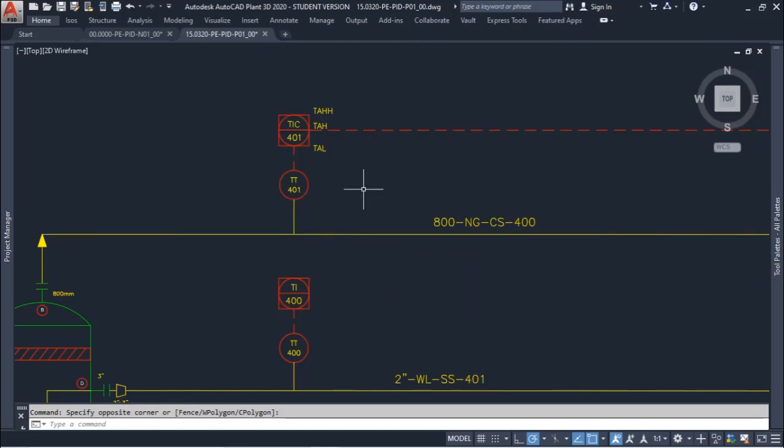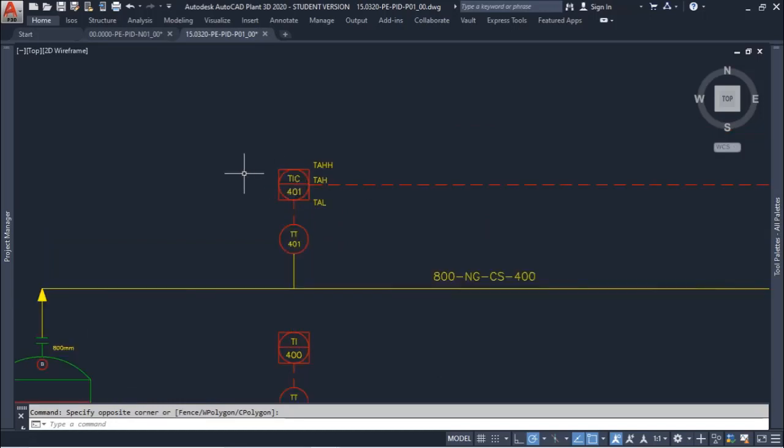And with the table of legend and symbols, you will verify that TT means temperature transmitter, because the first T is for temperature and the second T is for transmitter.